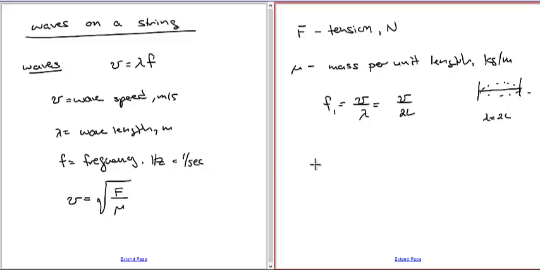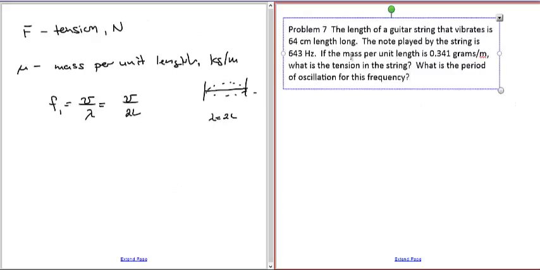So if you go back to the problem that I gave you, so here's the problem. It says the length of the guitar string that vibrates is 64 centimeters long. So in that particular problem, L was 0.64 meters. The frequency was 643 hertz.